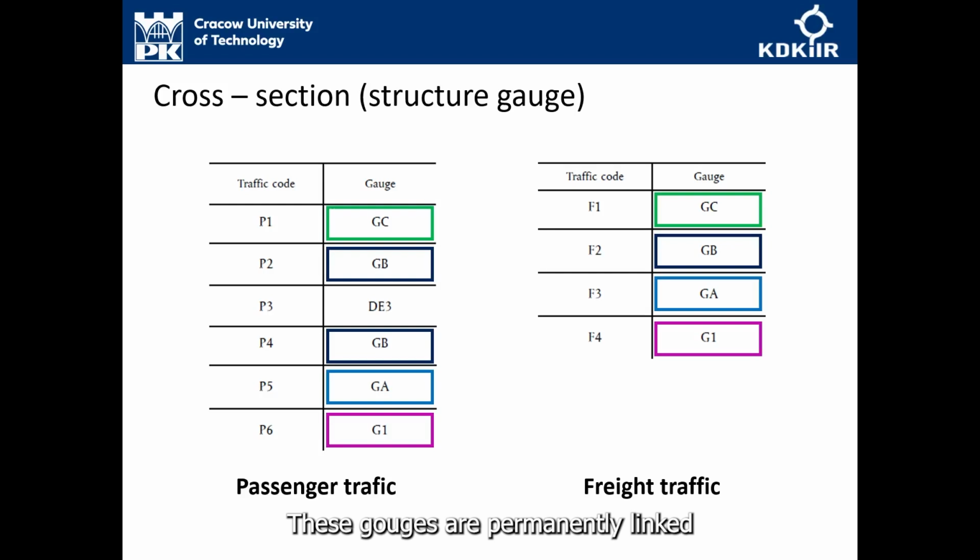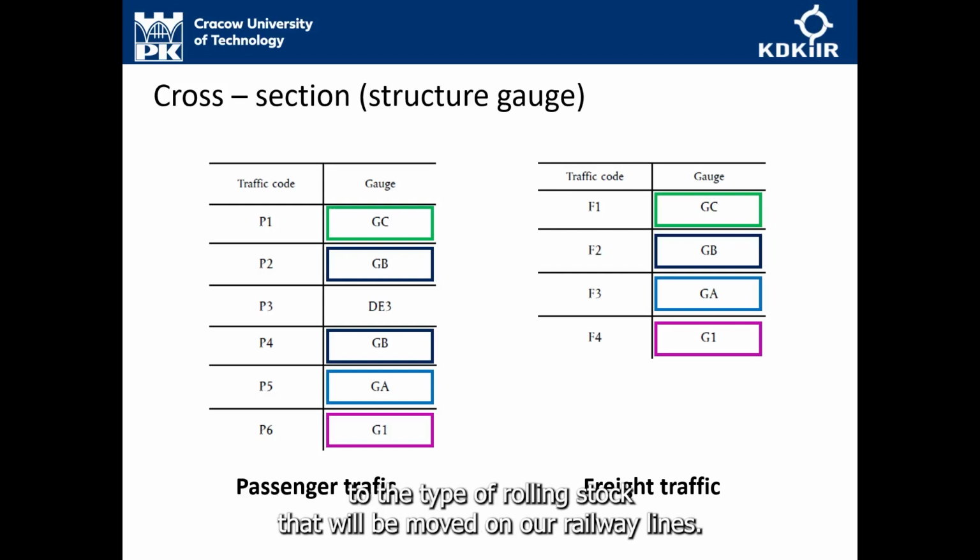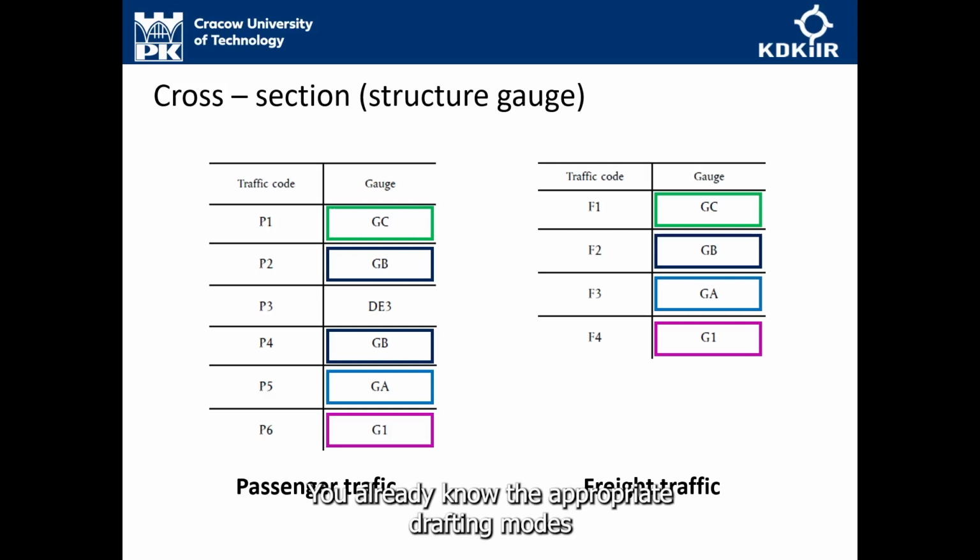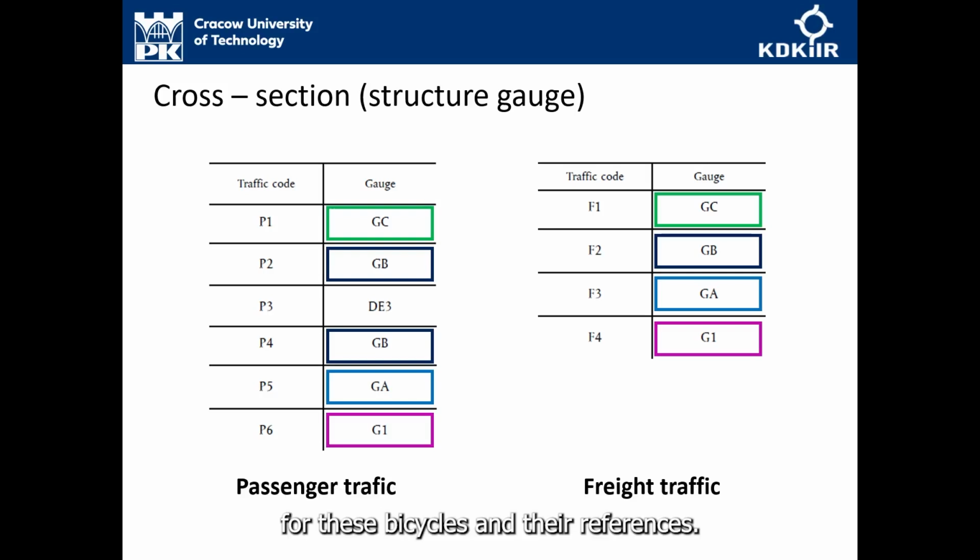These gauges are permanently linked to the type of rolling stock that will be moved on our railway lines. You already know the appropriate traffic codes related to the maximum speed of our vehicles and the load carried by railway vehicles. For this reason, different conditions need to be considered for these vehicles, and the reference clearances will differ slightly from each other.